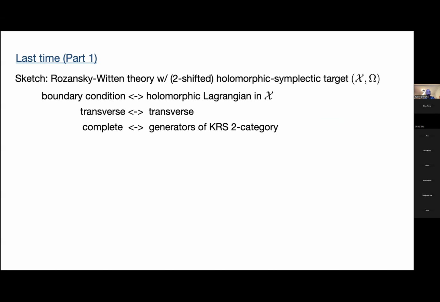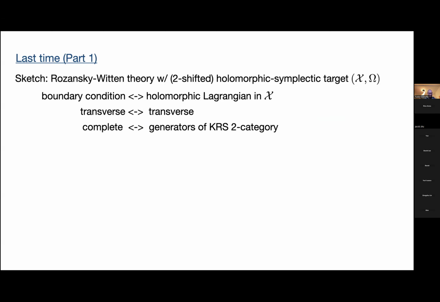You're too optimistic, assuming that people in the audience know what Rozansky-Witten theory means. They probably know the mathematical interpretation of that story, but it's not really a theory. There were papers by Kontsevich, Kapranov, and others long ago in the 90s.